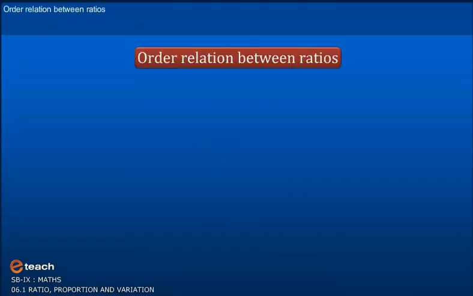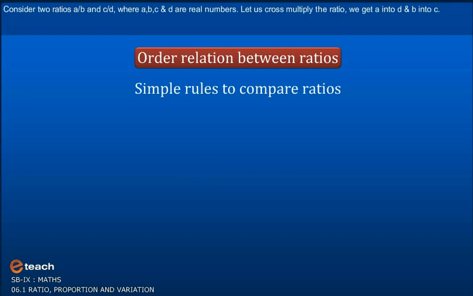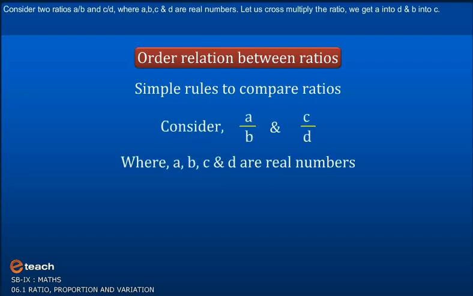Order relation between ratios. Now, can you tell me which ratio is greater? To find which ratio is greater and which is smaller, we have some simple rules to study. Now, consider two ratios, A by B and C by D, where A, B, C and D are all real numbers.